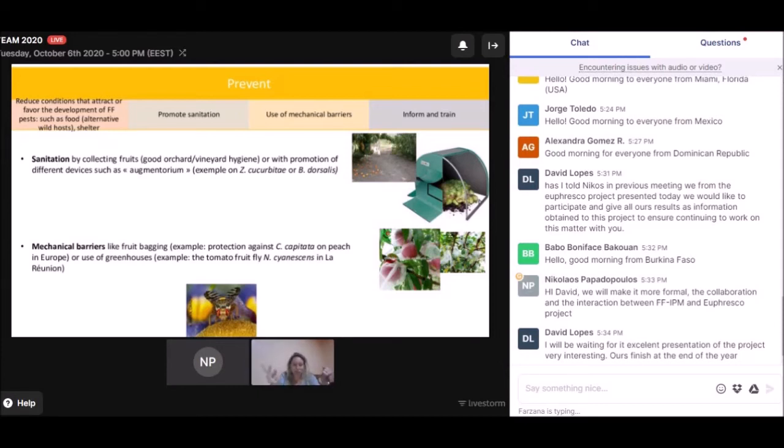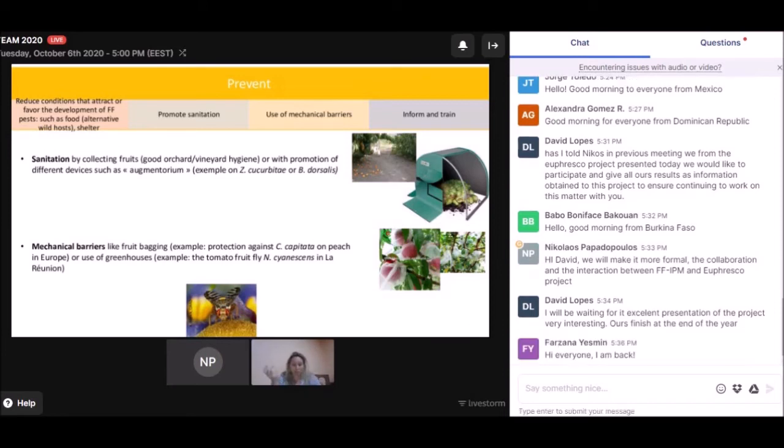You see the device on the right side of the screen, that has been used for Bactrocera dorsalis or Zeugodacus cucurbitae, to just take the rotten fruits from the fields and put them in this device to let the parasitoids emerge. So not killing the parasitoid population that could be in the field at the same time.